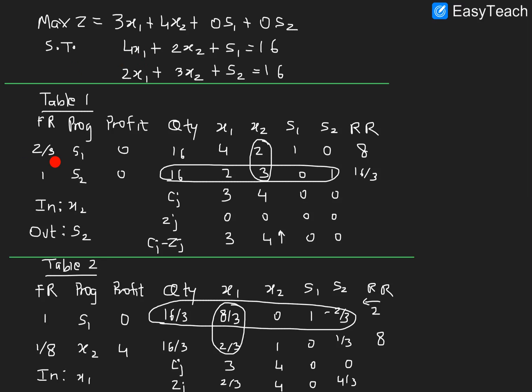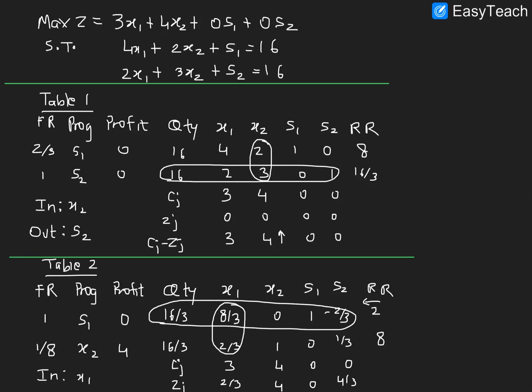Then we converted this into the first simplex table, which was the starting point of our simplex. When we are trying to analyze how much we should be producing, we started with the current situation.